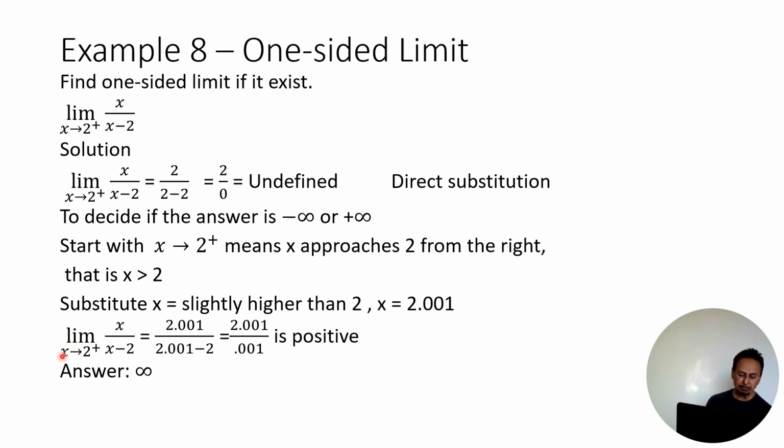So let's do that again. Limit as x approaches 2 plus of x over x minus 2. So we substitute 2.001 here and 2.001 here and simplify. We get 2.001 over 0.001. Positive number over positive number, so positive over positive is positive. So the answer is infinity. If it were negative, then it would have been minus infinity.